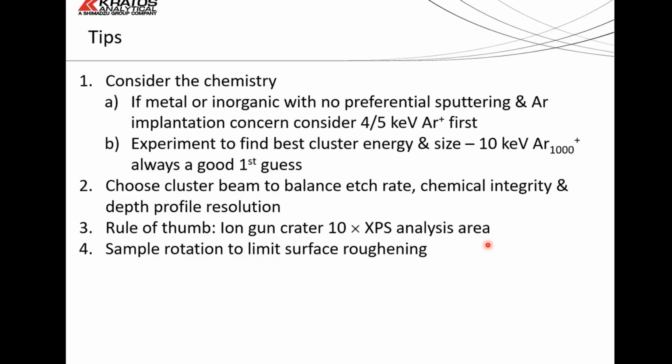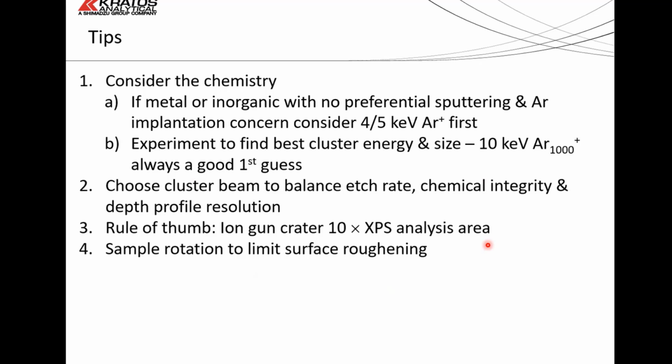So just to sum up, here are my tips. Firstly, consider the chemistry of what you're doing. If you've got an elemental solid, you might as well just use 4 or 5 kV Argon Plus, because it's usually a bit faster than a cluster beam.